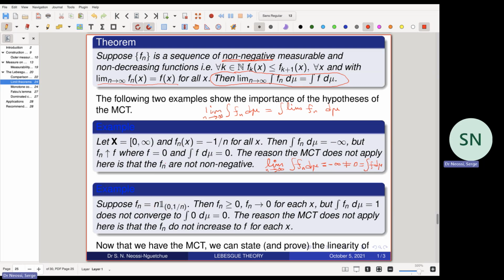Now, do we have the second hypothesis? Non-decreasing. Let's look at our function. The fn do not increase towards f. So what is f? If we take the limit when n goes to infinity, the fn will converge towards 0 for each x.